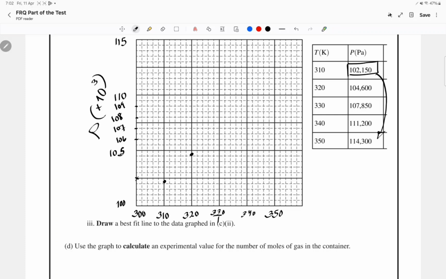So 330 with 107.850. 340 with 111.200, so like here probably.